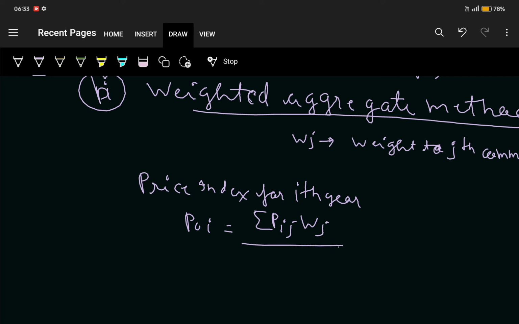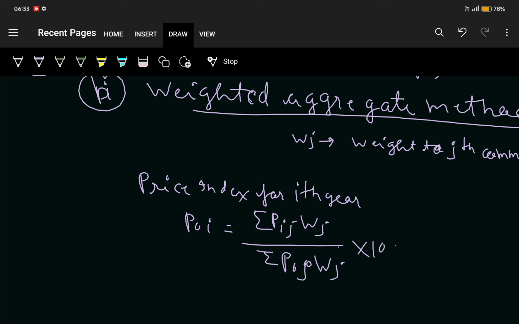Pij denotes the price of jth commodity in the ith year and Wj is weight of jth commodity. मल्टीप्लीकेशन करके फिर उनका समेशन होगा P0j into Wj.